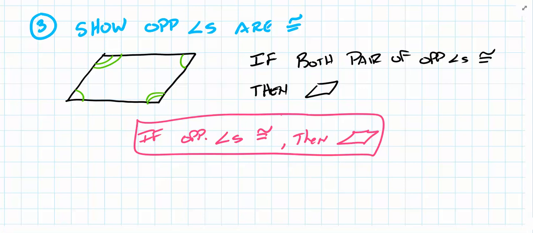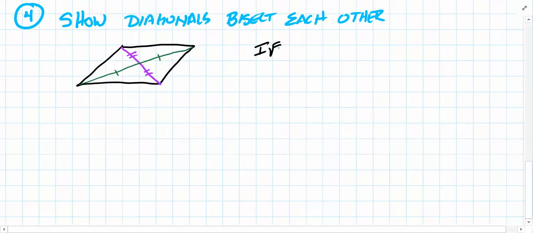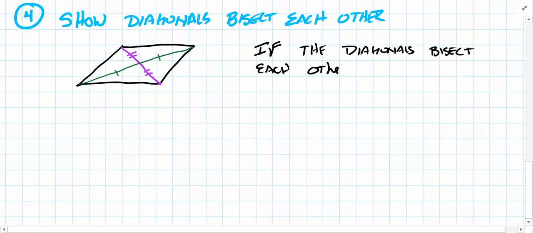Here we go. Here's the fourth way to show that a quadrilateral is a parallelogram. You can show that the diagonals bisect each other. So here's the theorem. The theorem says this: if the diagonals bisect each other, then we can say the quadrilateral is a parallelogram.